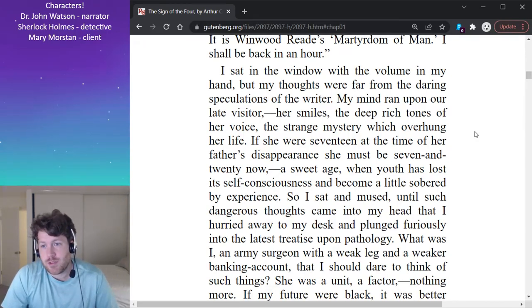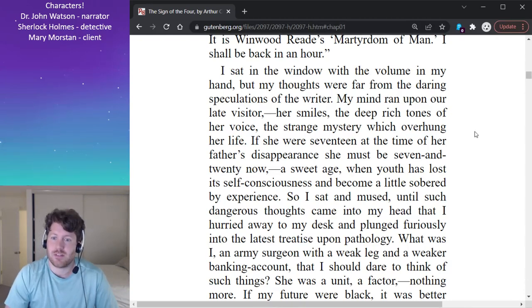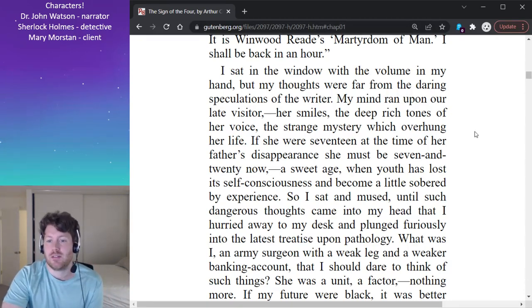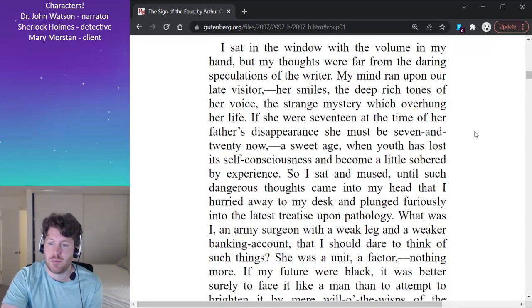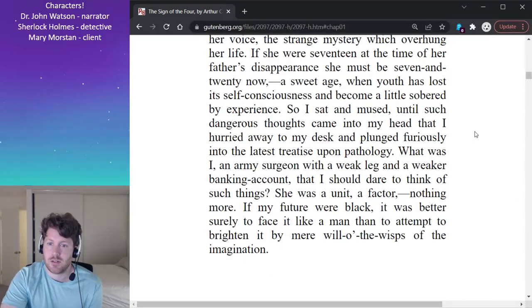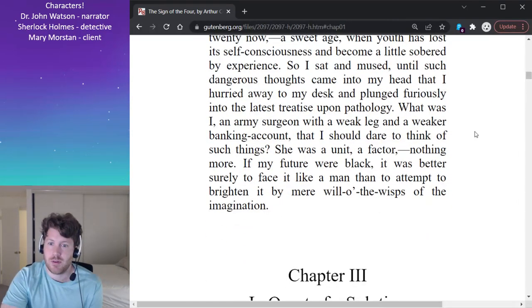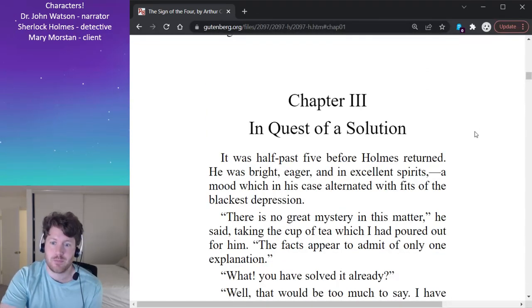So I sat and mused until such dangerous thoughts came into my head that I hurried away to my desk and plunged furiously into the latest treatise upon pathology. What was I, an army surgeon with a weak leg and a weaker banking account, that I should dare to think of such things? She was a unit, a factor, nothing more. If my future were black, it was better surely to face it like a man than to attempt to brighten it by mere will-o'-the-wisps of the imagination.